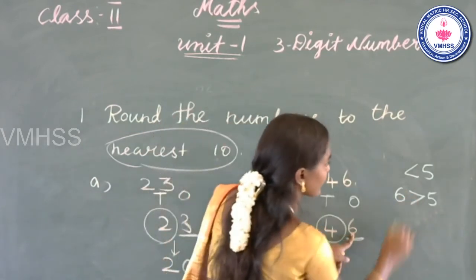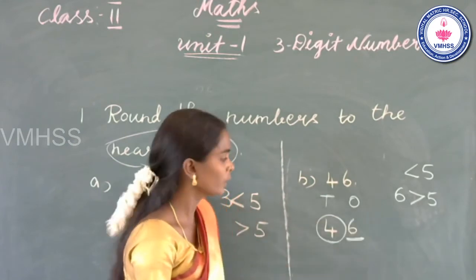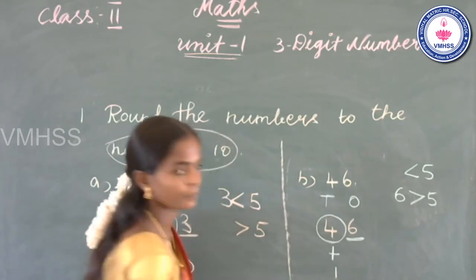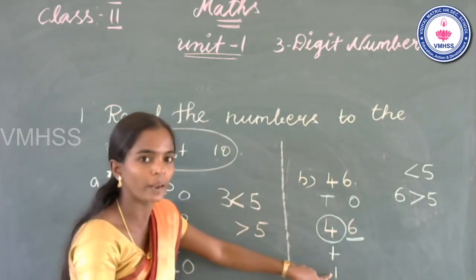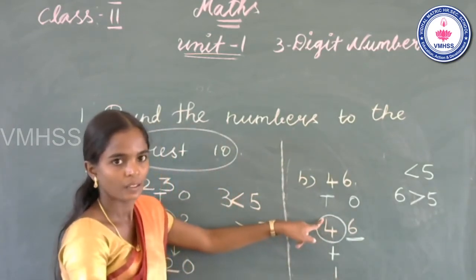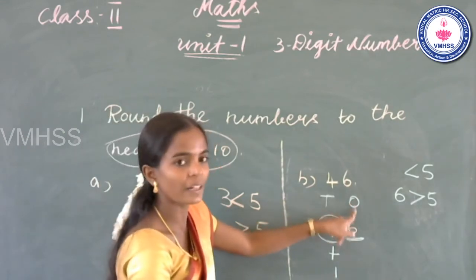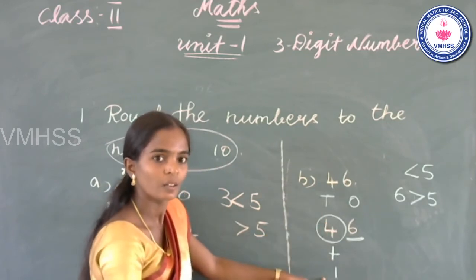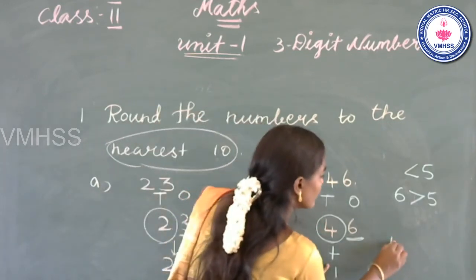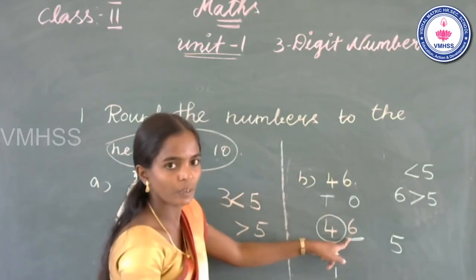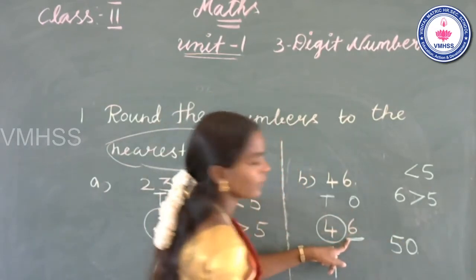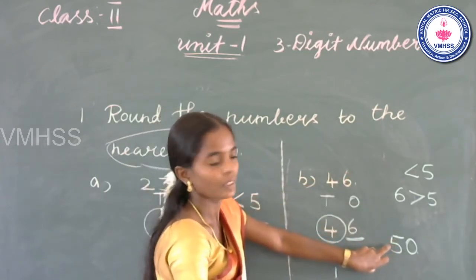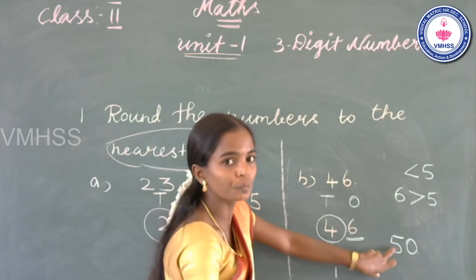So we add 1 to the tens place. 4 plus 1 is 5. Ones place number becomes 0. So the nearest 10 of 46 is 50.